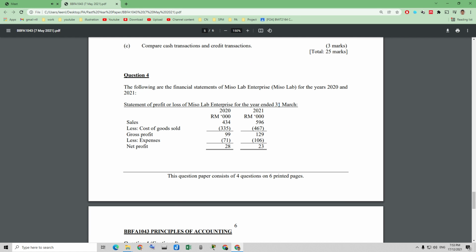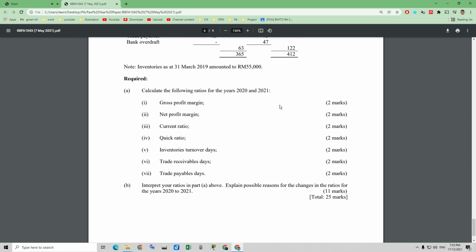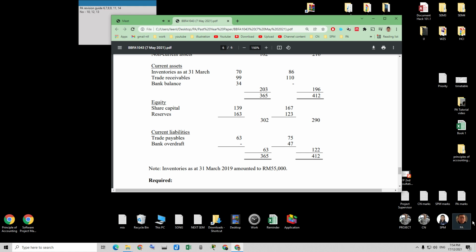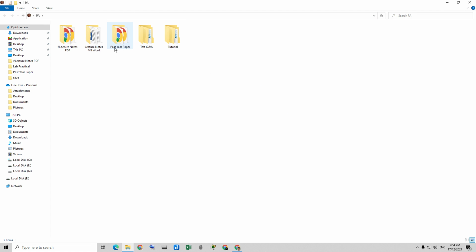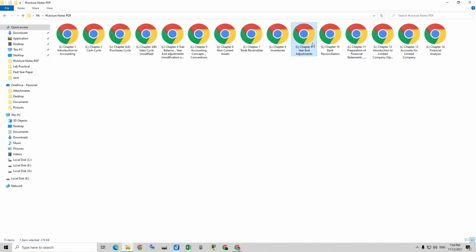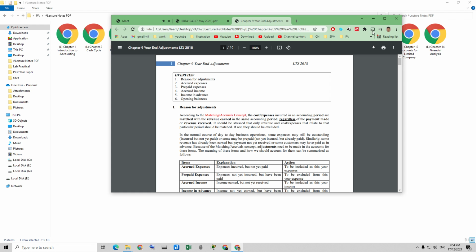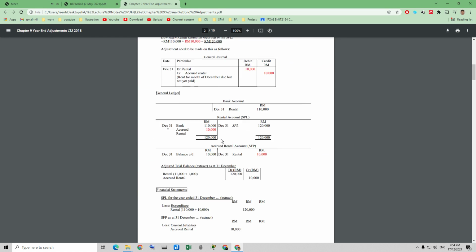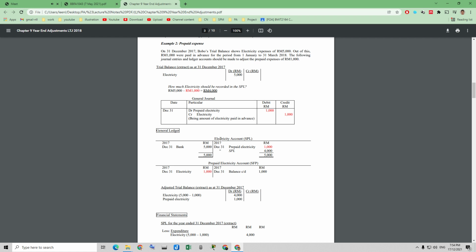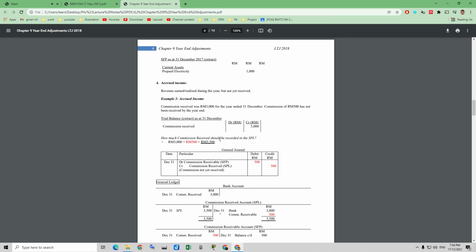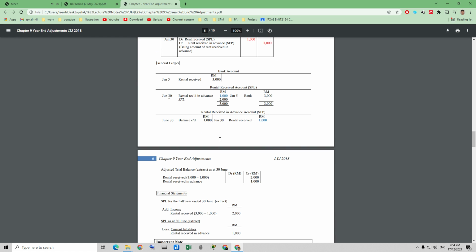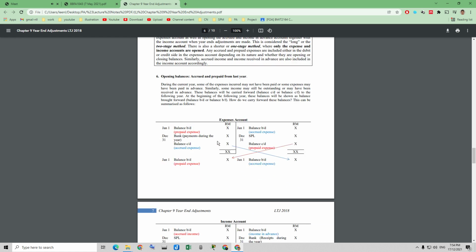So we have learned that. And chapter 9, this is year-end adjustment. So year-end adjustment is regarding the prepayment and accrual. So I have shown you the two methods. One method is using one account, isn't it? So that is either an expenses account or revenue account.